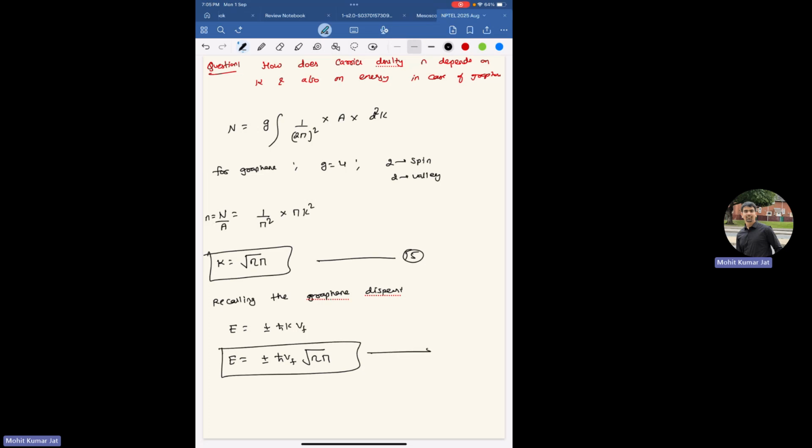So by changing the n in the sample, one can change the Fermi energy E, and that goes as plus minus h bar Vf under root n pi, where Vf is the Fermi velocity, which we have discussed in the previous class, 1 into 10 power 6 meter per second roughly, that is about 300 times less than the speed of light.